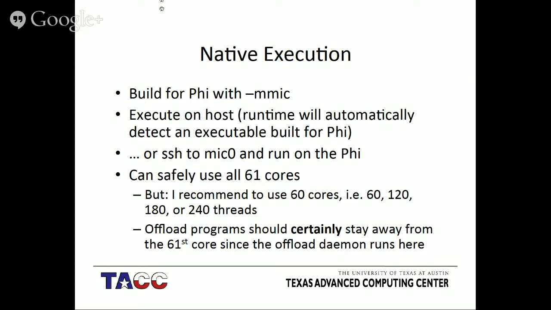And if you have built such an executable, you can be on the host and punch into the prompt ./a.out, something that you have compiled with -mmic, and the tool that launches your a.out executable will automatically figure out, oh, it has been compiled for the Xeon Phi, and it will automatically push the executable onto the Xeon Phi and run it there.